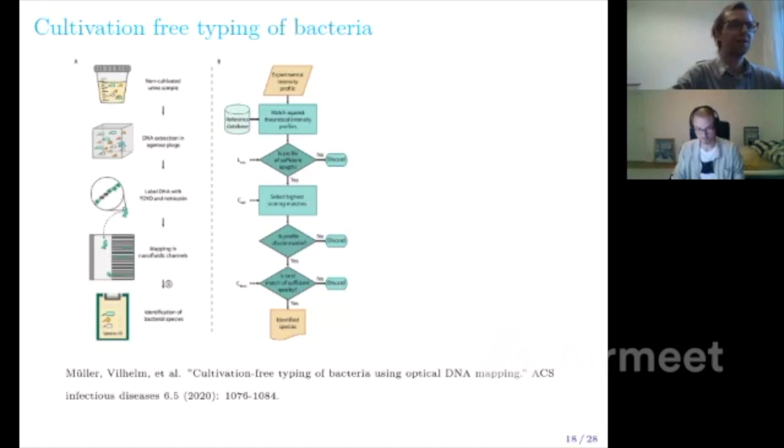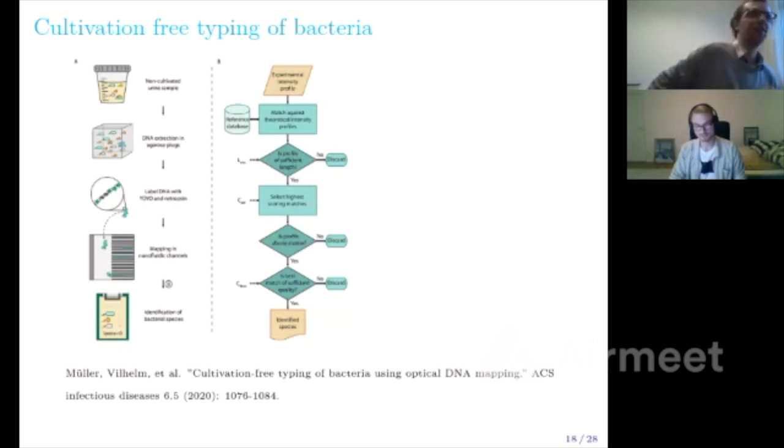I see that we have a question or two actually in the chat, and the first one is: do you think your method can be combined with a long read sequencing technique?